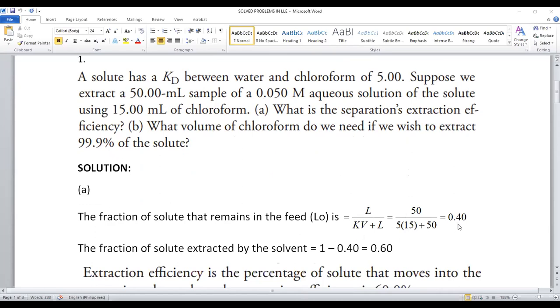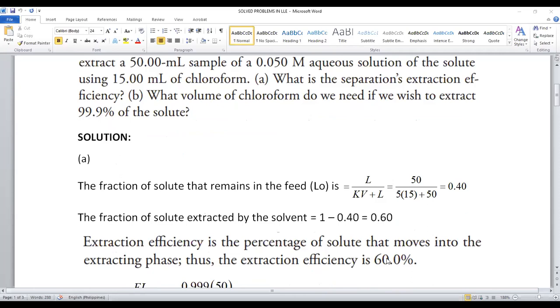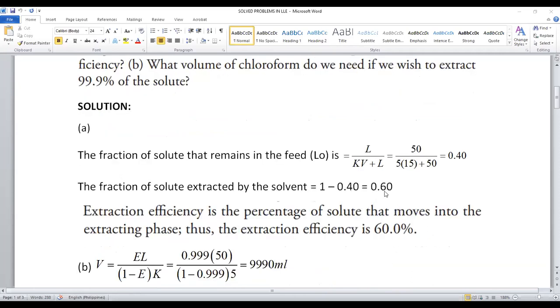If the fraction of solute remaining unextracted is 0.4, then the extraction efficiency is 60%, because you still have 0.4 that remained unextracted. So your actual answer for this one is 60%, not the 40 that you solve using this formula. Okay, now letter B.